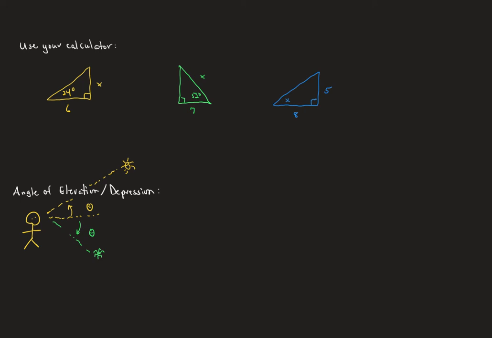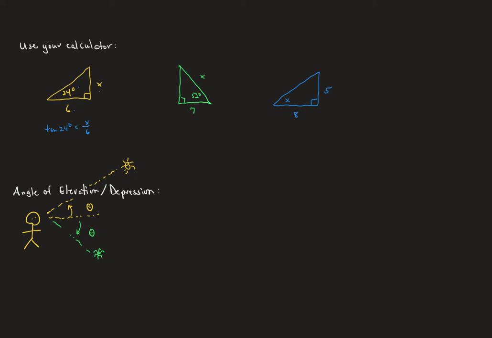So we're going to try to solve for the missing side length in this case. For that 24-degree angle, the x is the opposite side and the 6 is the adjacent. From Sohcahtoa, we know that the tangent of 24 degrees is opposite over adjacent.